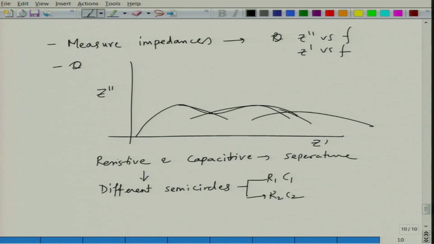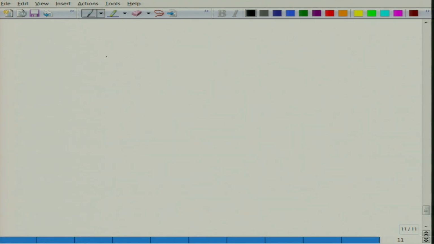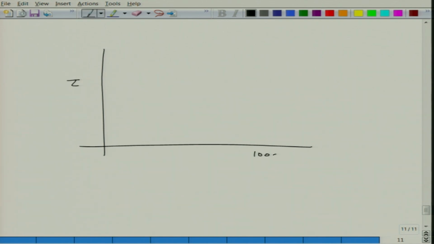So, you differentiate between different relaxation times, different resistances, and then you also make temperature dependent measurements to distinguish clearly between the grain and grain boundary contributions. For example, the activation energy for grain will be different from the activation energy for the grain boundaries. So, when you plot the relaxation times as a function of frequency or temperature, in some cases you will have distinct behaviors.